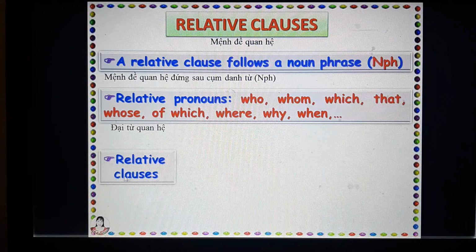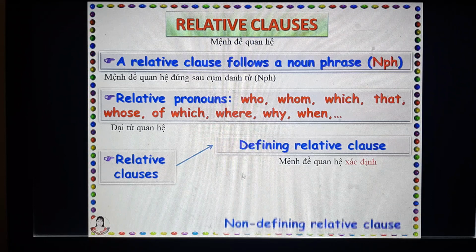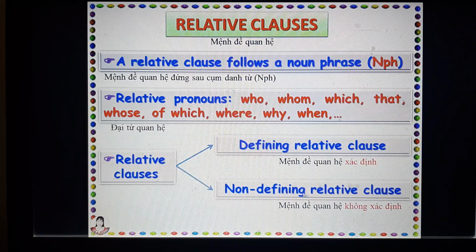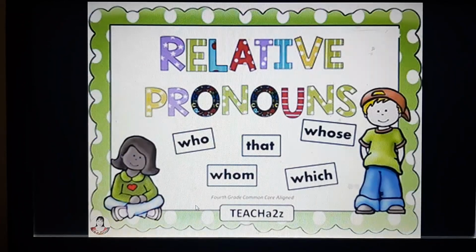Relative clauses consist of defining relative clauses and non-defining relative clauses. Now remember: subject, object, verb, comma. Relative pronouns.